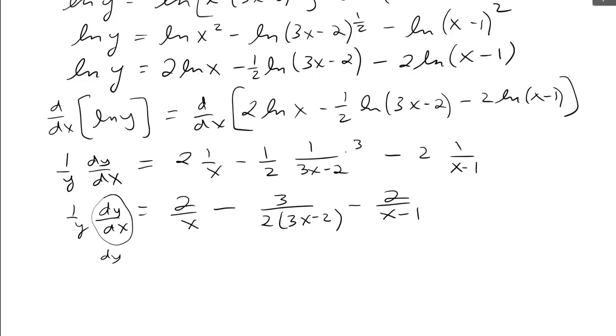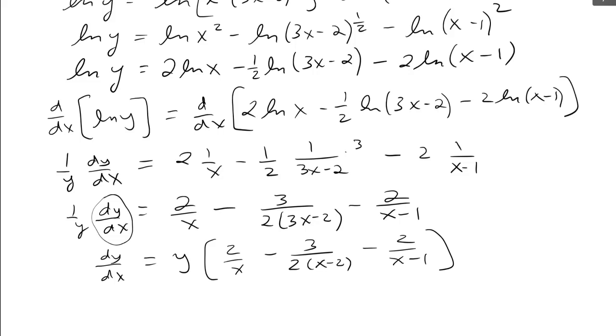So I'm going to multiply y on both sides of the equation. Now, when we were doing implicit differentiation, we were okay having a y left in the result. But here, we don't need to leave a y there because we know what y is from the beginning of the problem.